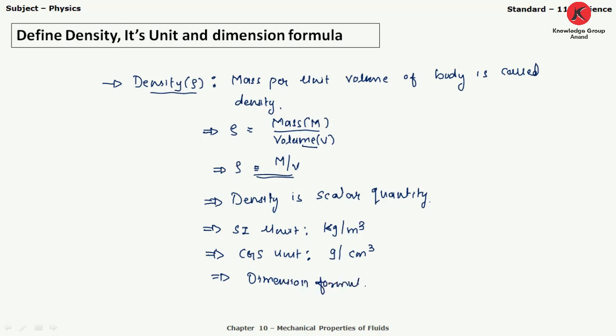The dimension formula for density is M1 L minus 3, because here we have only mass and volume. That's why the dimension formula is M1 L minus 3 T0, right? So this is the dimension formula for density.